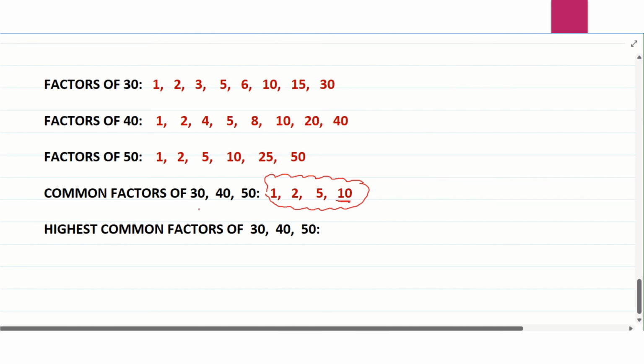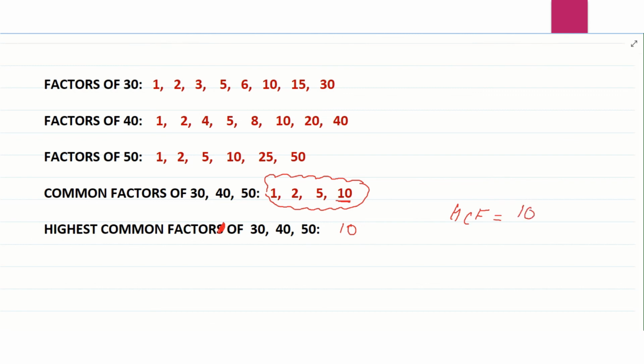So we say the highest common factor of 30, 40 and 50 is 10. Or we say the HCF of 30, 40 and 50 is 10. I hope this is clear.